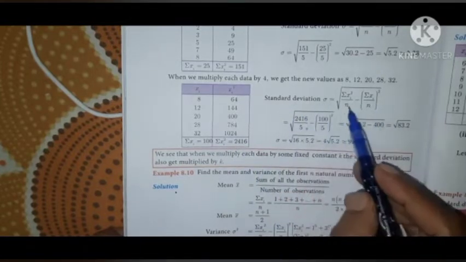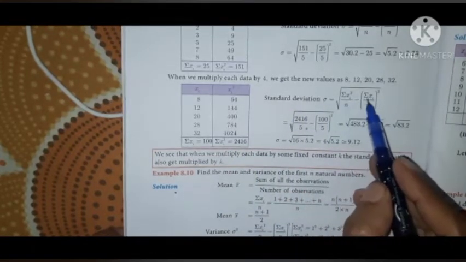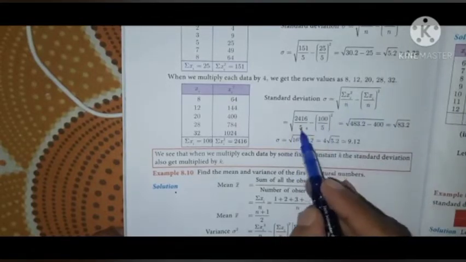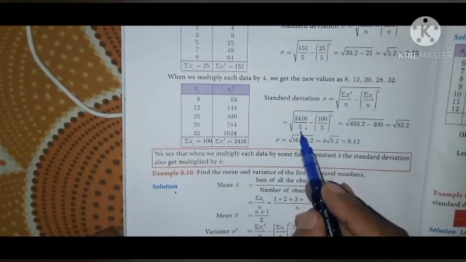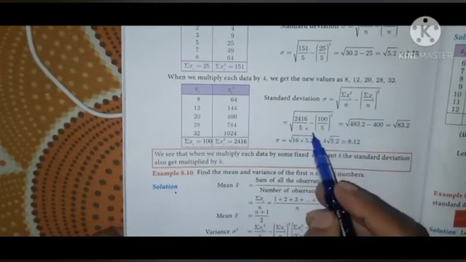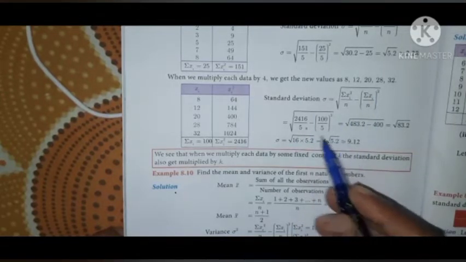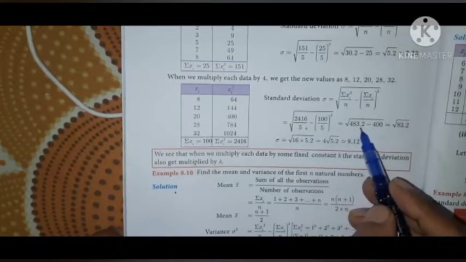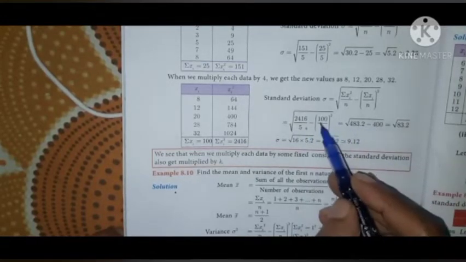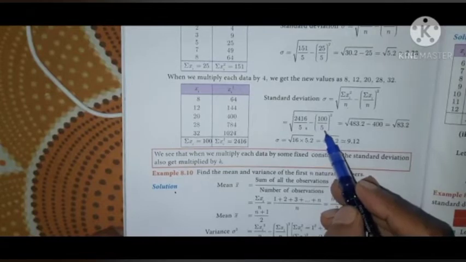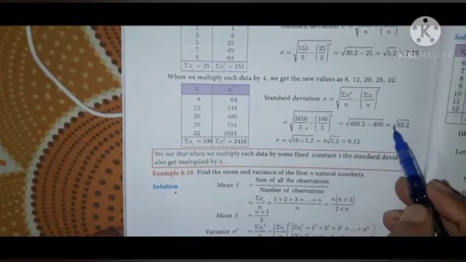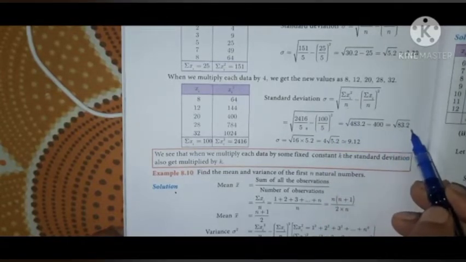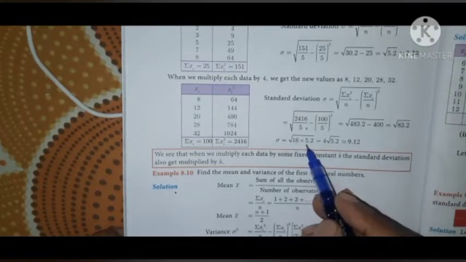2416. Standard deviation is root of sum of x square by n minus sum of x by n the whole square. 2416 by 5, n is 5, the number of data, minus 100 by 5 the whole square. 2416 divided by 5, we get 483.2 minus 100 by 5, that is 20 square is 400, we get root of 83.2, that is 16 into 5.2.